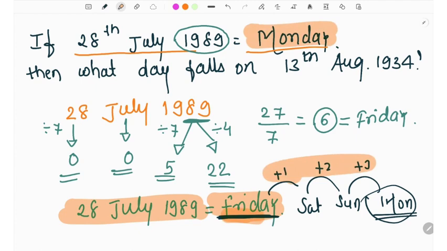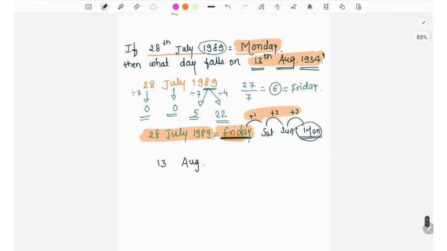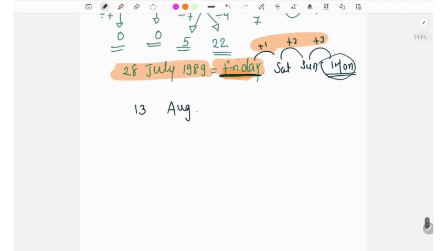So a similar error you have to make after finding the day on 13th of August 1934. Look here now. Now let's solve this particular day, 13th of August 1934. Let's find out the actual data on this date.